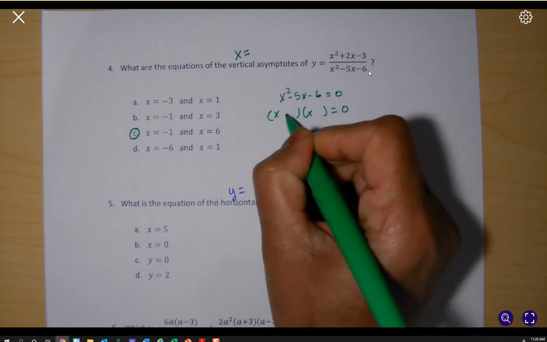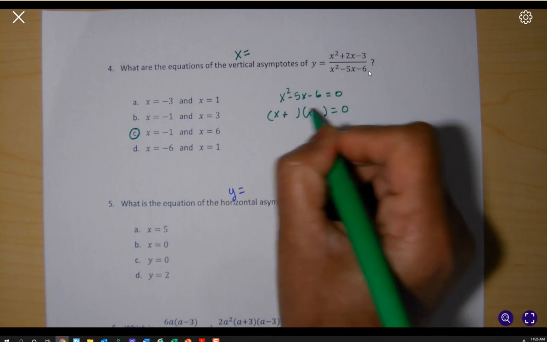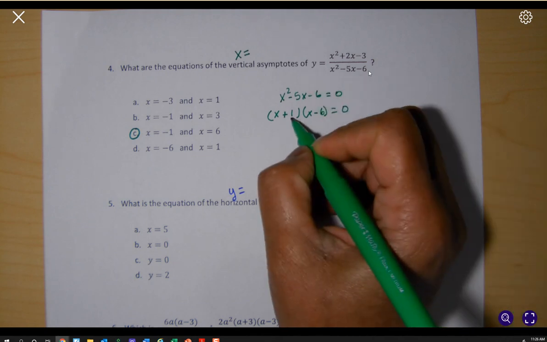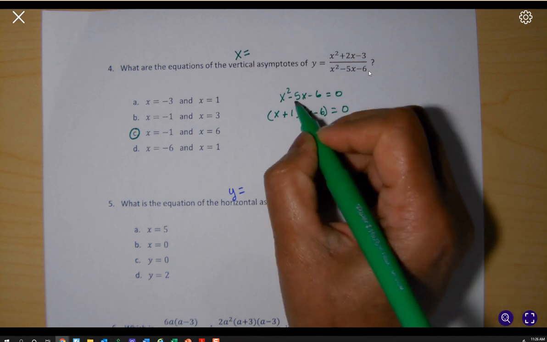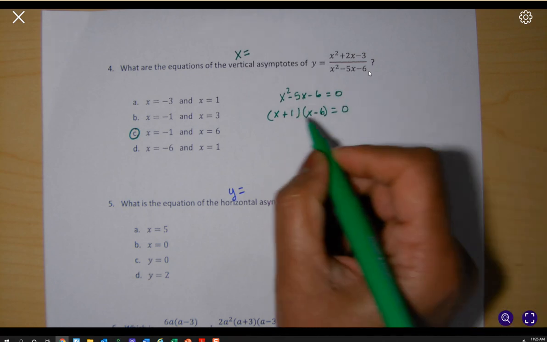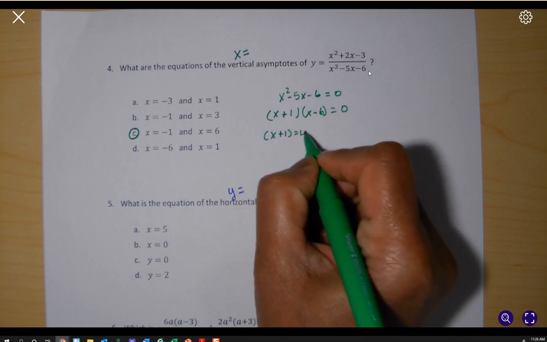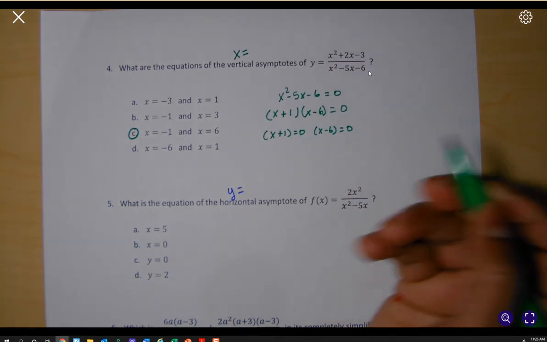So you think, what gives you -6? You can do 1 times -6, because 1 times -6 is -6, and 1 plus -6 is -5. And then now you set each factor equal to 0, so x plus 1 equals 0, x minus 6 equals 0, and then solve.